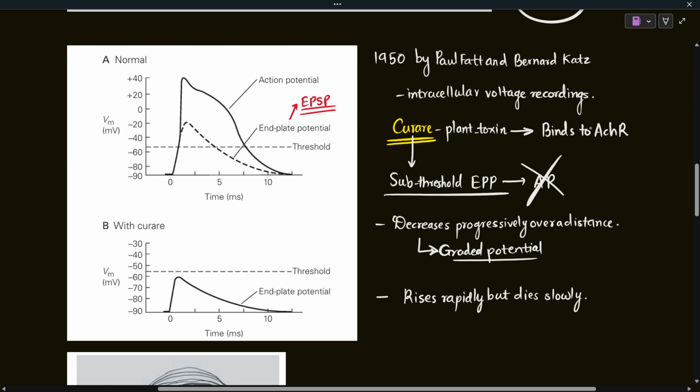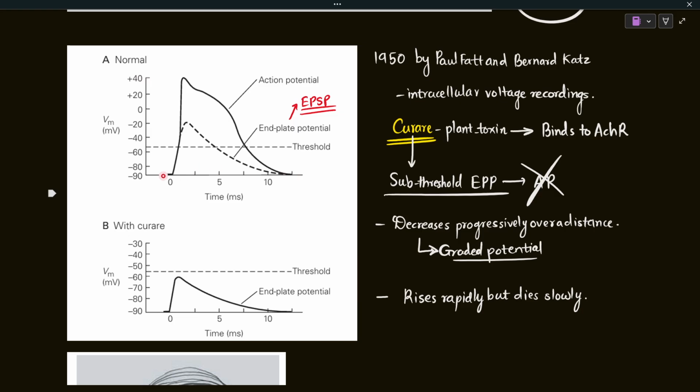As curare is bound to the acetylcholine receptor, acetylcholine cannot bind to those receptors, and this won't result in the opening of ion channels. As the gate doesn't open, there will be no ion influx, and the signaling will be reduced. So using a certain concentration of curare, they ensure that a few receptors will be blocked and a few are open. So this will create current.